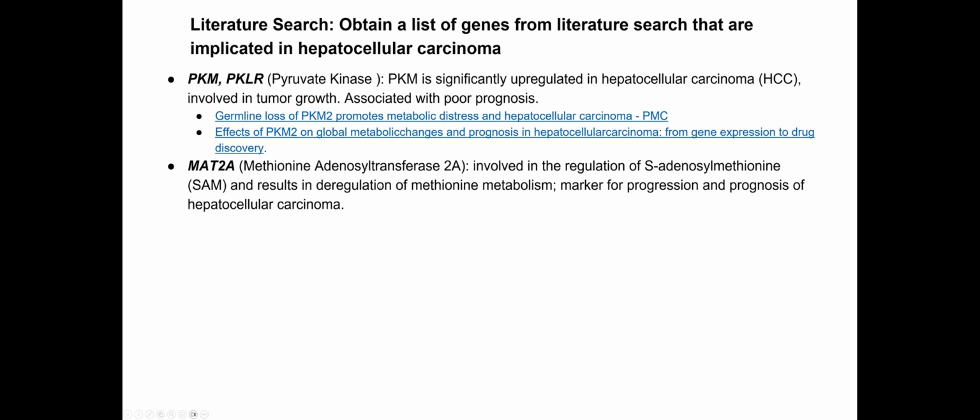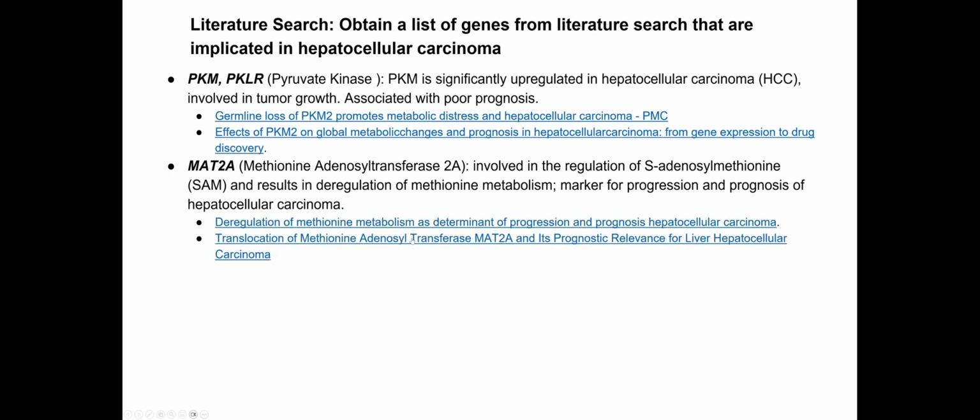The second gene this person was interested in was MAT2A, methionine adenosyltransferase, involved in regulation of S-adenosylmethionine. It results in deregulation of methionine metabolism, and it's a marker of progression and prognosis of hepatocellular carcinoma. Recent papers include deregulation of methionine metabolism and its relevance for hepatocellular carcinoma.